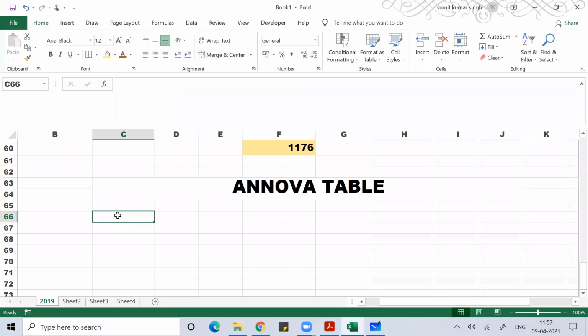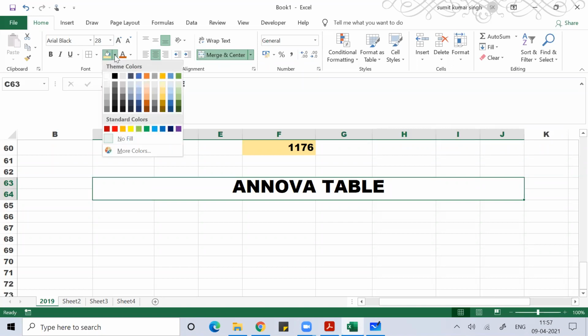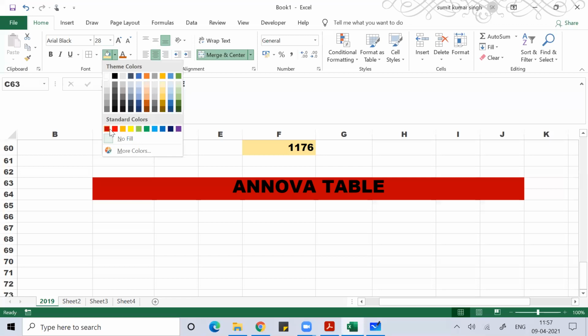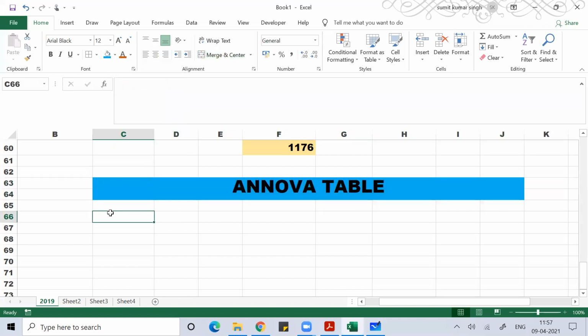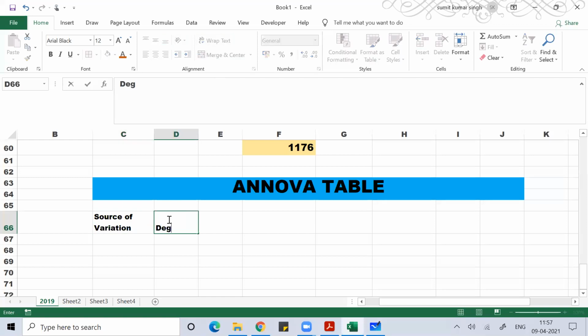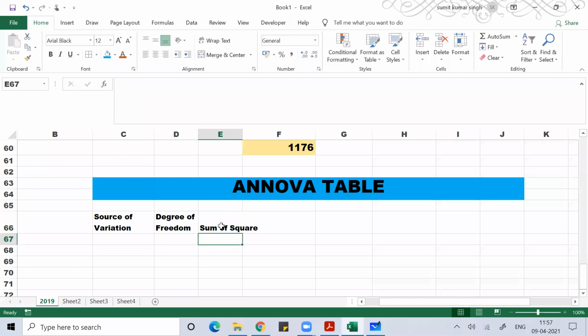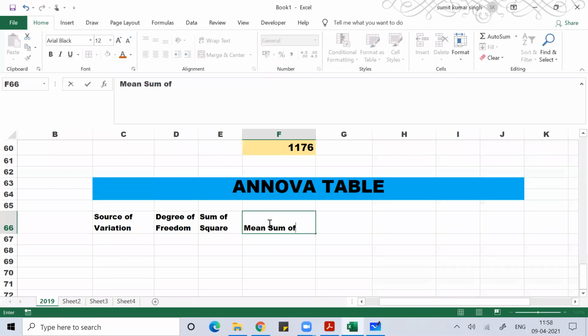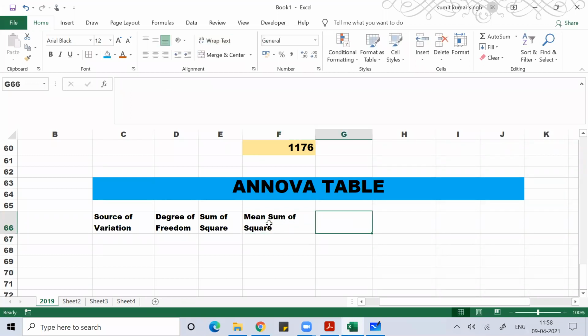In this ANOVA table, we'll make different columns: source of deviation, then degree of freedom, then sum of square, after that mean sum of square, and after that variance ratio.